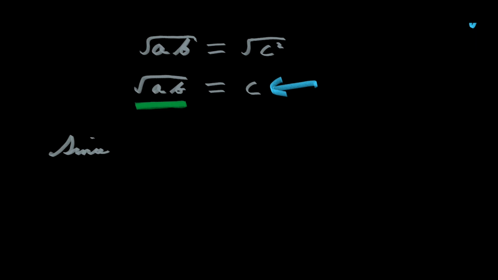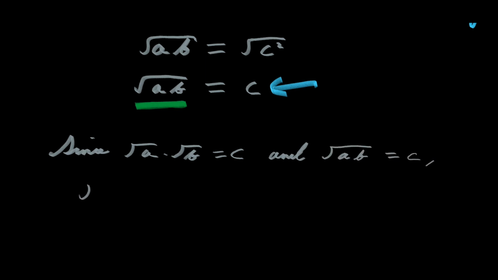Since the square root of a times the square root of b equals c, and the square root of the product of a and b equals c, the square root of a times the square root of b is equal to the square root of a times b. You might not have to write that out, but maybe you should just to be safe. In an assignment, you should probably write it out.